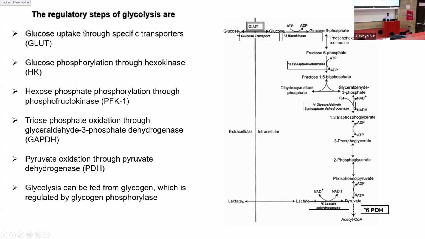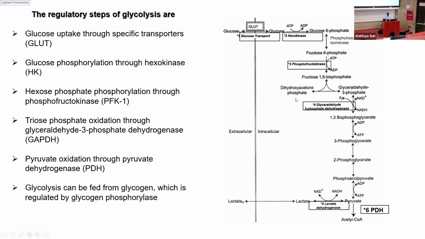For example, the glucose transport. The glucose transporters are regulated depending on the availability of the glucose in the blood. And the glucose phosphorylation through hexokinase, which is also regulatable. So depending on the workload, these kinases will be phosphorylated and activated by the substrates.